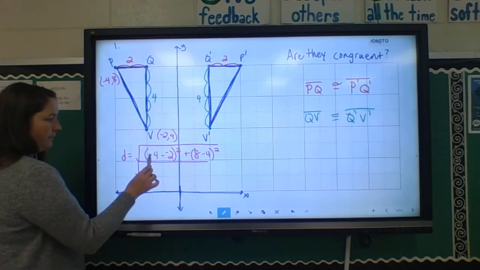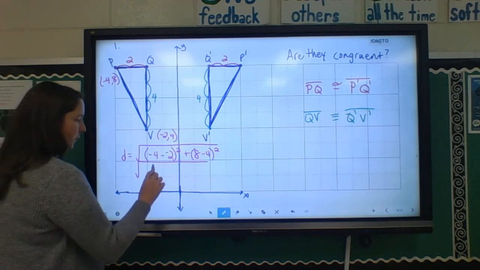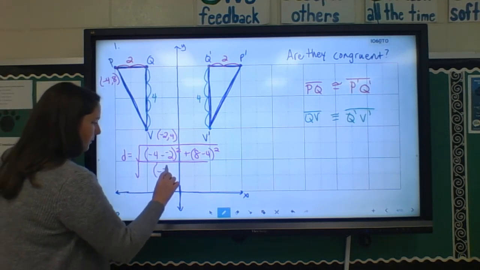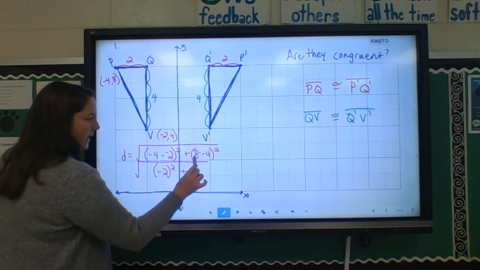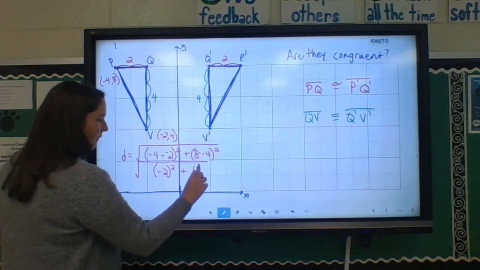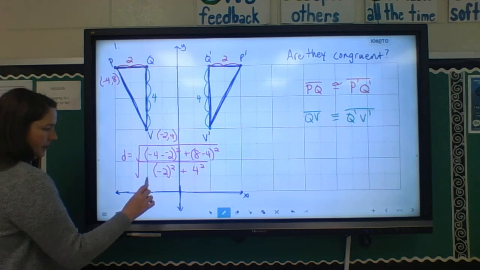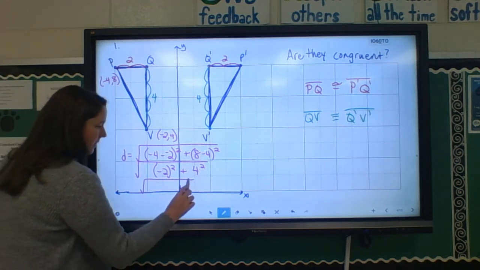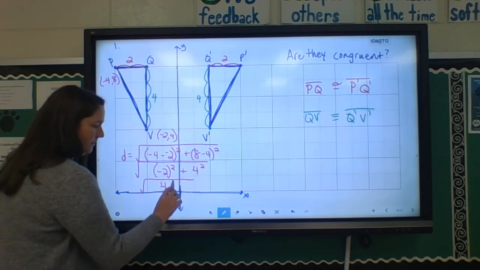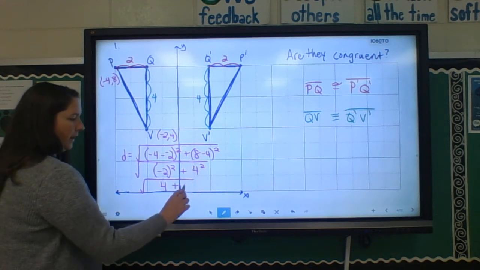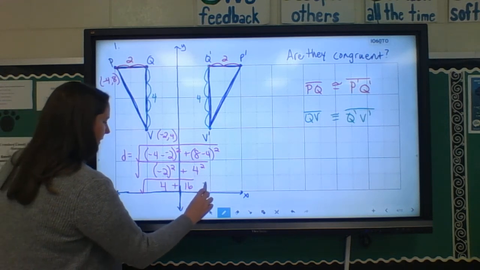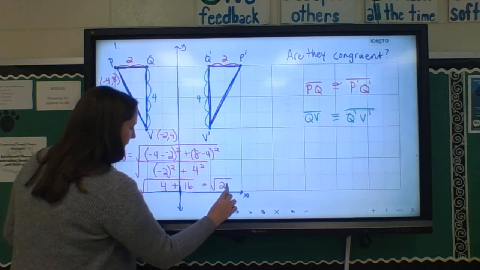So -4 minus -2 is -2 squared, and 8 minus 4 is 4 squared. -2 squared is 4, and 4 squared is 16. And that would be 20.